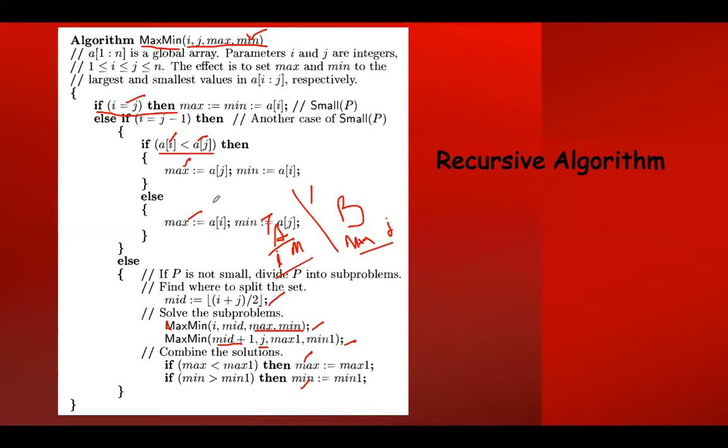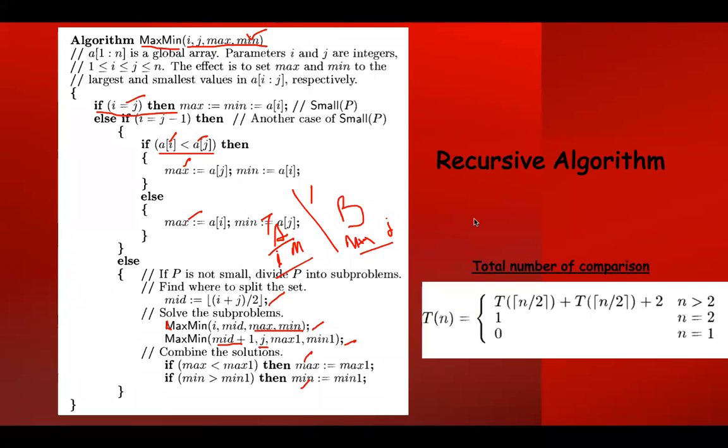Since this is a recursive algorithm, you have to first find out how many times it is called again and again. So this total number of comparisons T of n, you can write like this. If the n value is greater than 2, then only we will come inside this else part.